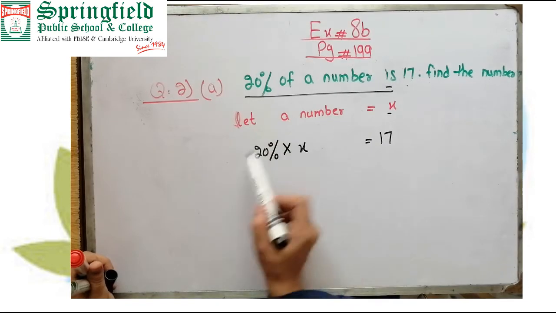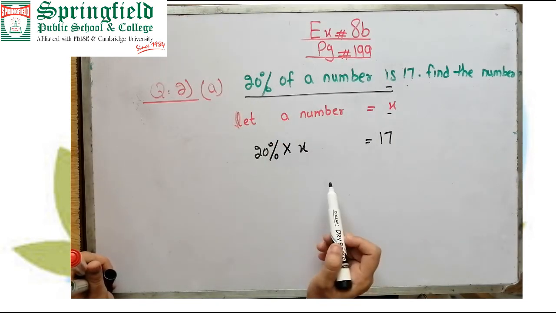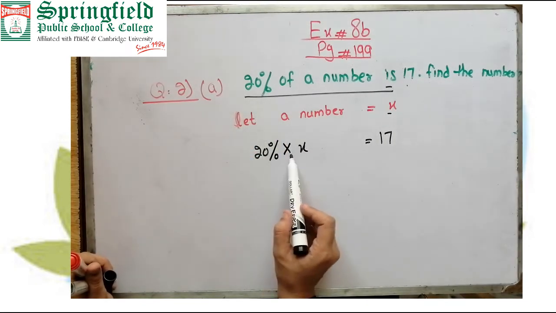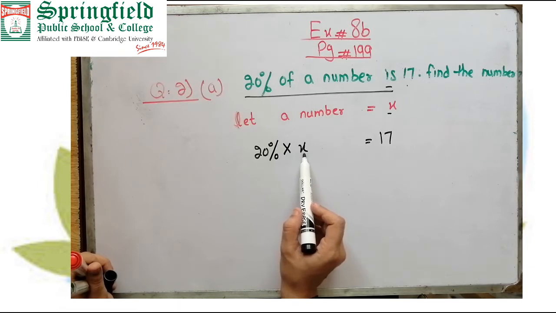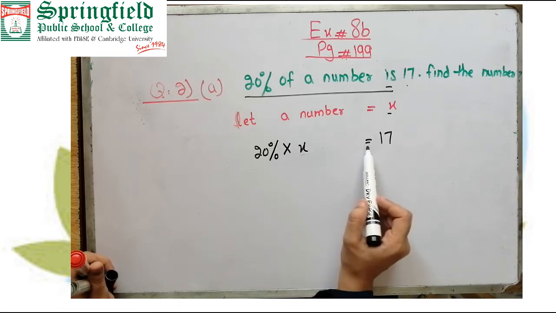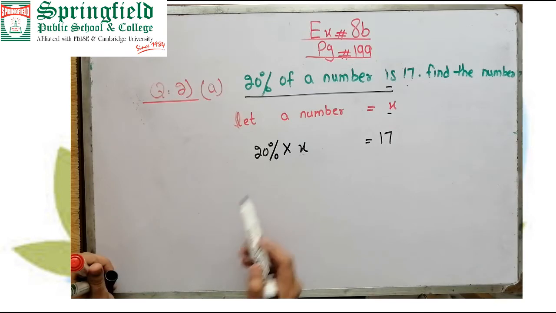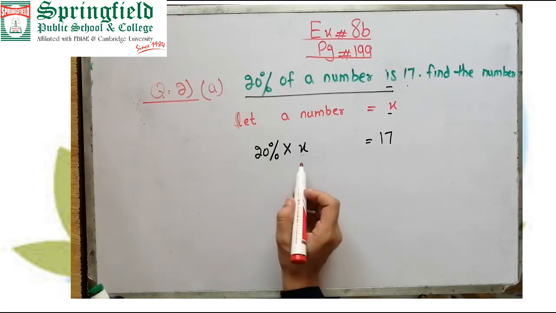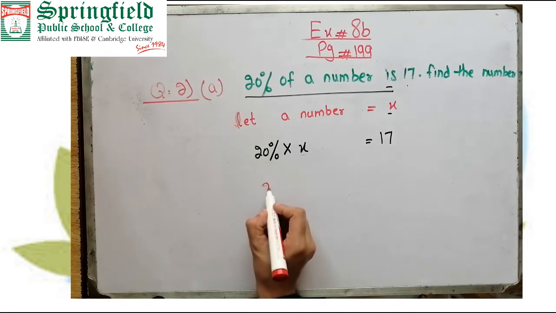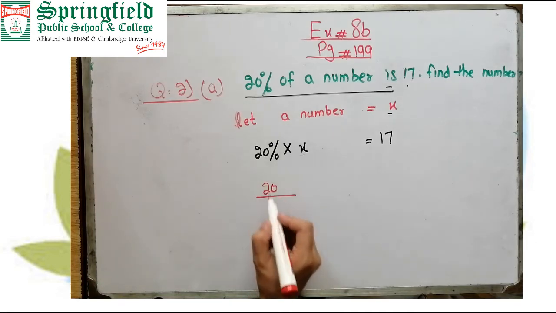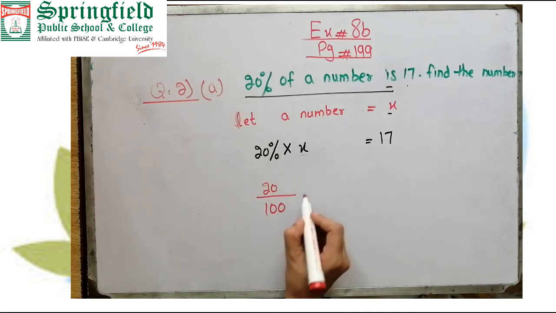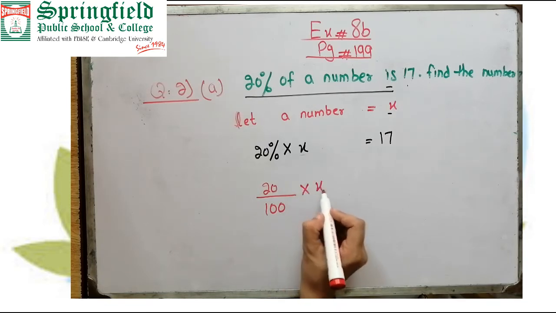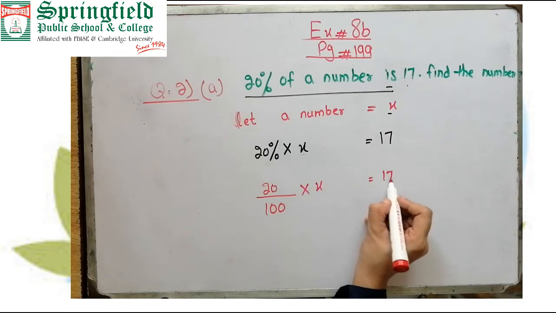We can make up an equation according to the statement. 20% of a number is equal to 17. So we can solve this one and find out the value of x. 20%. Remove the percentage sign, write down 100. Of means multiply x is equal to 17.